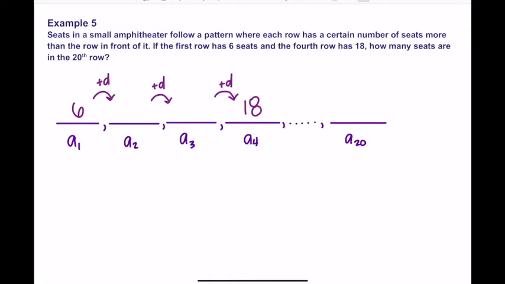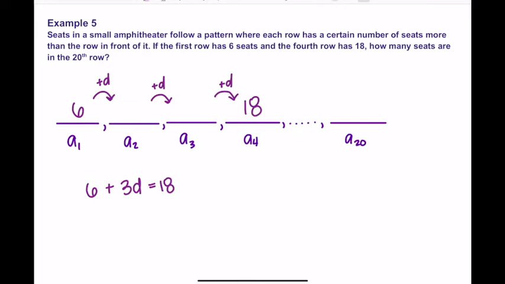So we know that we're starting with 6, and we're going to add that common difference of whatever we're looking for 3 times. And that's going to give us 18. So we start with 6, and we add that common difference 3 times, landing us at 18. That's how we're going to find the common difference.